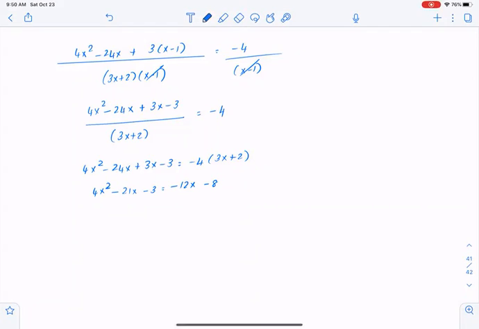Four x squared minus 21x plus 12x minus 3 plus 8 would equal 0.